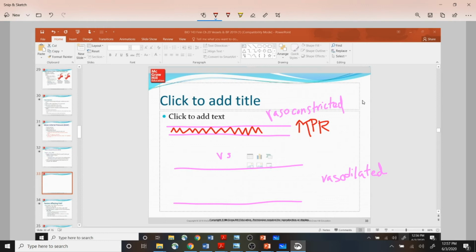Here's the thing, because we're going to relate this back to our equation in a second. If there's more resistance to blood flow in this vasoconstricted artery, you can imagine a vasoconstricted hose when you're power washing your house. You get more pressure coming out of that hose. Now, if I had to water my flowers or fill a bucket up, it'd take me forever.